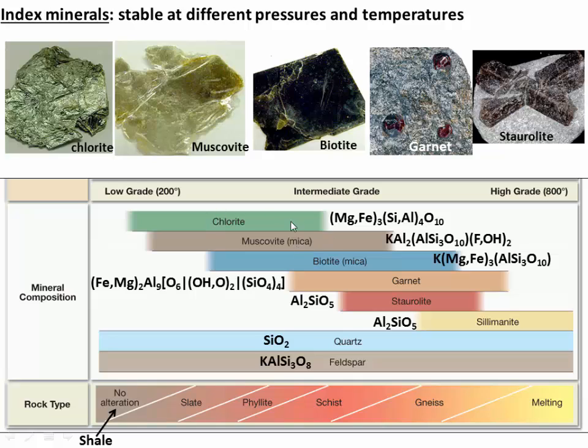So they break down and they give their elements, for example, magnesium and iron or potassium, those get recycled. Perhaps these might end up getting recycled into garnet, which is stable at the higher temperature. Potassium may end up getting recycled into feldspar, which is also stable across a high range of pressure and temperature.